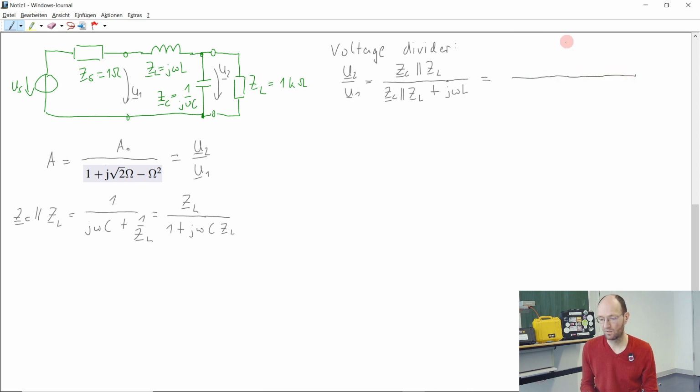So then we get ZL divided by 1 plus J omega C and ZL, and in the denominator we also get the same expression, ZL divided by 1 plus J omega C ZL, and then plus J omega L. Okay, now we want to get this to be similar to this one here, more or less.